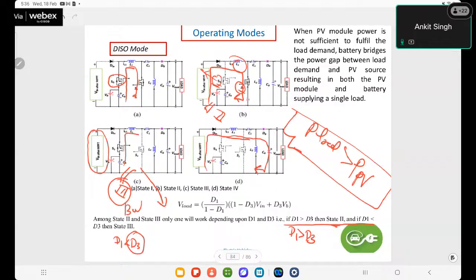The battery voltage is higher than the PV voltage here at the output, so this diode will be off. Why has this situation been taken? Because otherwise we have two sources, and only one source will act at one time, because two sources with different voltage cannot be connected in parallel.